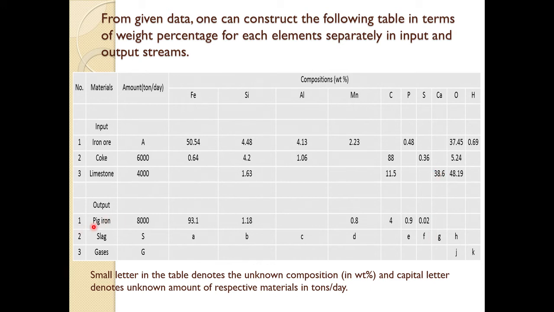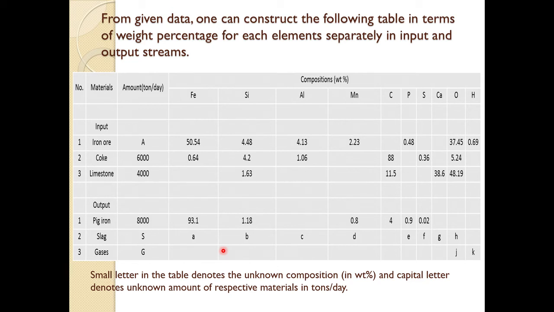Similarly, in pig iron the composition is given: iron, silica, manganese, carbon, phosphorus and sulfur. Slag we do not know the composition of any of these elements, so we have to find out. Small letters in the table denote the unknown composition in weight percent, and capital letters denote unknown amount of respective materials in tons per day.